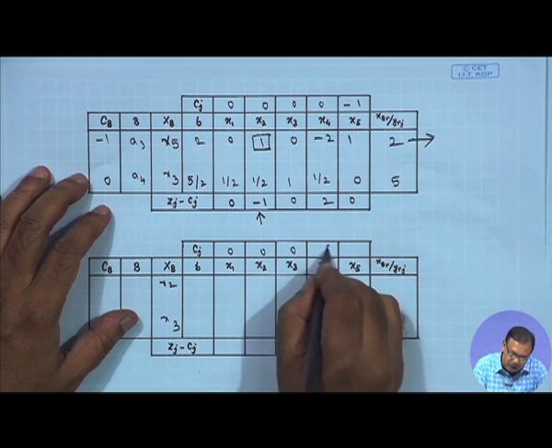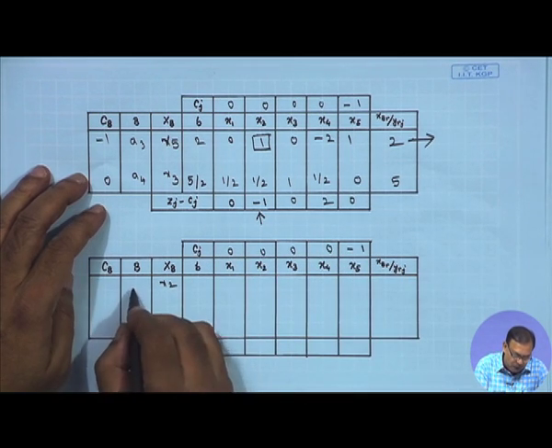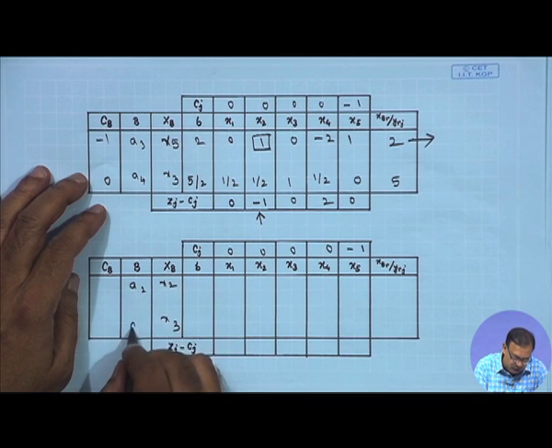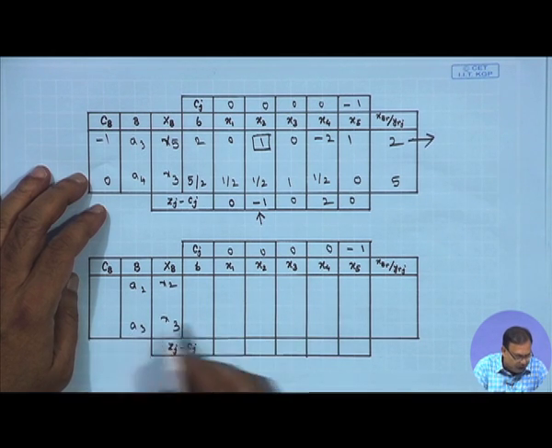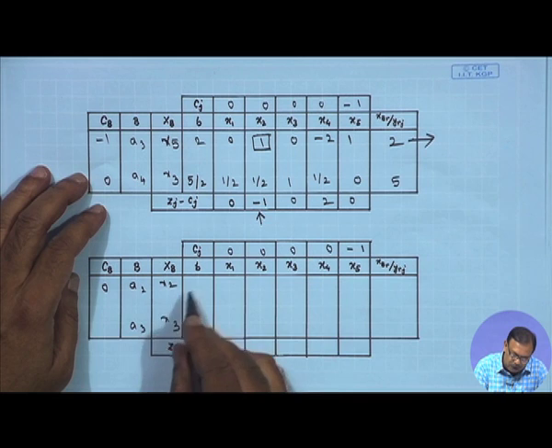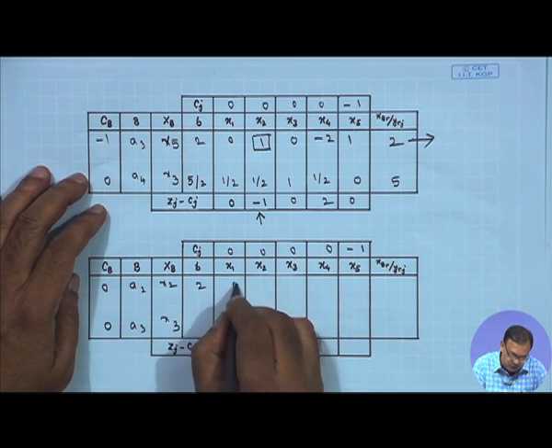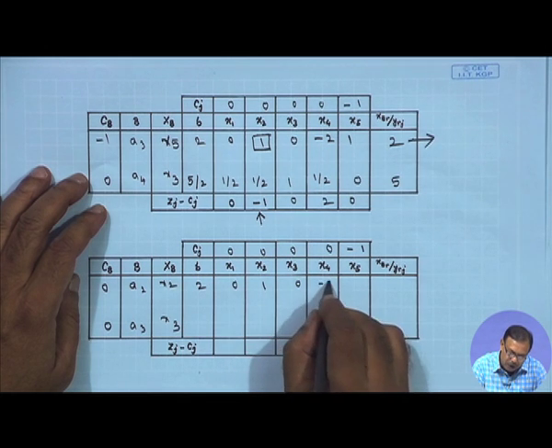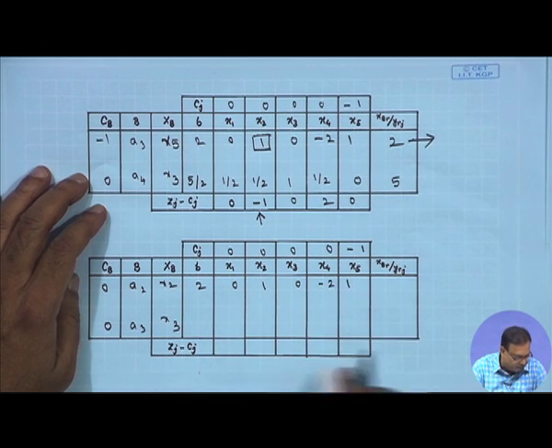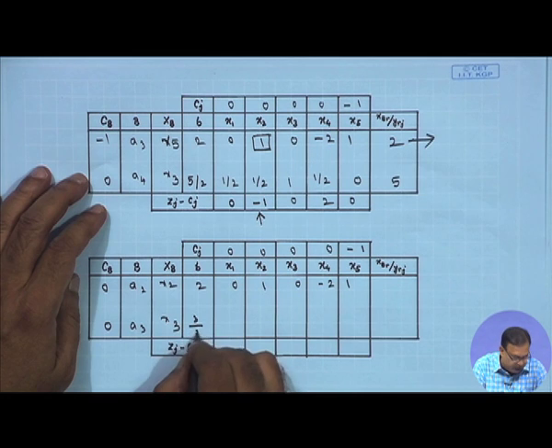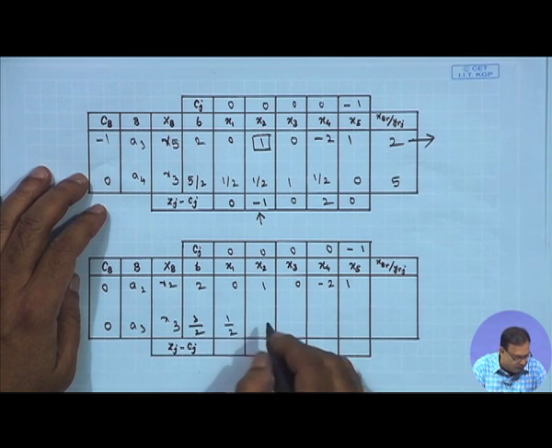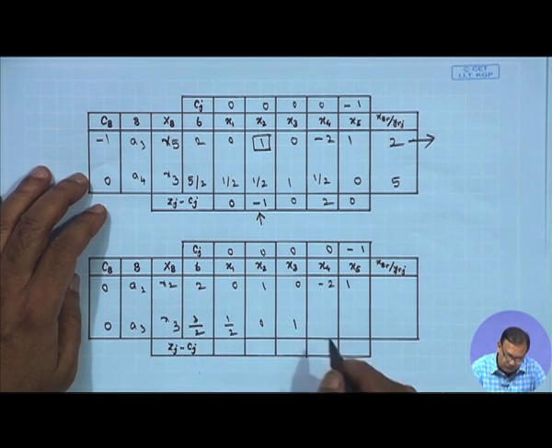So 0 0 0 0 minus 1, your B is A2, A3, your CB will in that case be 0 0, for x2, x3 it is 0. So these values will be 2 0 1 0 minus 2 and 1, and this one you will obtain as 3 by 2, half, 0, 1.